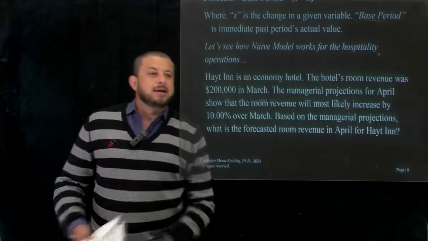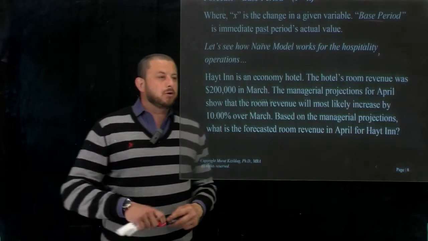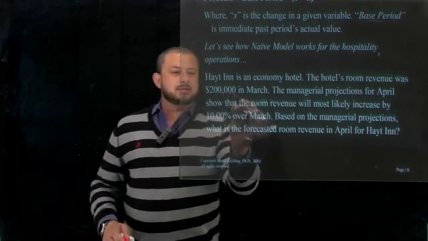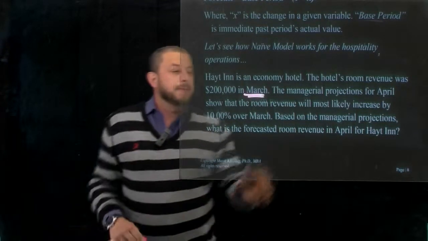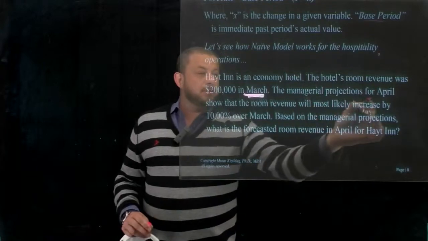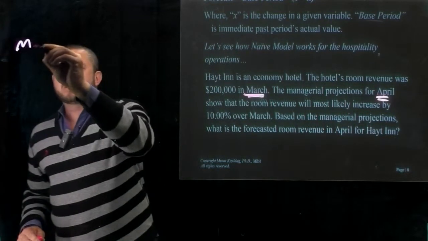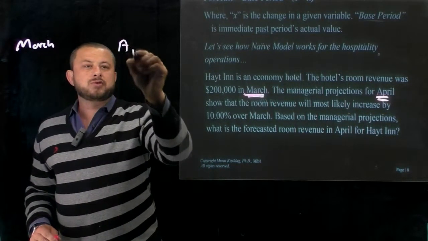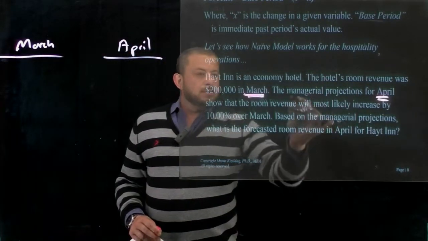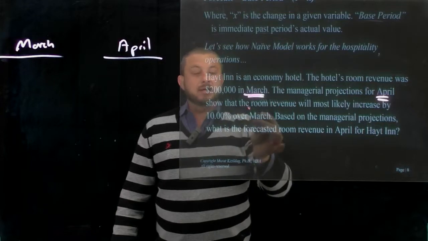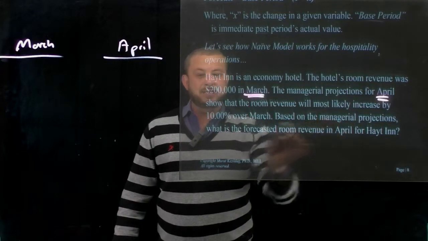Hyatt Inn is an economy hotel. The hotel's room revenue was $200,000 in March. Time is important in forecasting, remember that. The managerial projections for April, look, it's March right here, and we are trying to come up with the values for April. The managerial projections for April show that the room revenue will most likely increase by 10%.